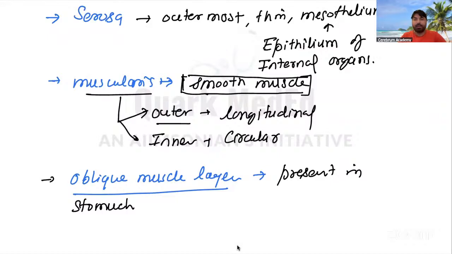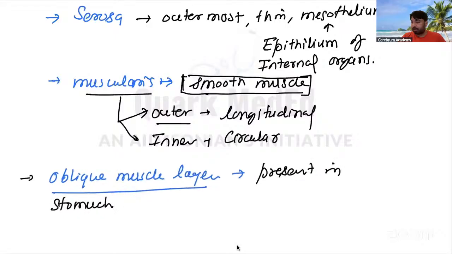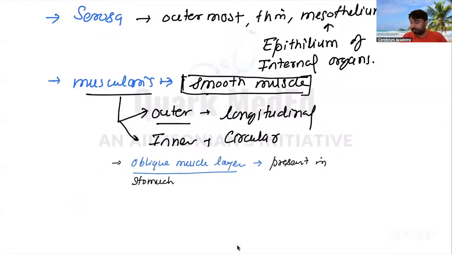And you know why it is present in the stomach? Because the stomach has to churn the food, it crushes the food with this type of movement. So it needs a stronger force for contracting, and that is generated by this oblique muscle layer. So oblique muscle layer is present in the stomach area. Okay.